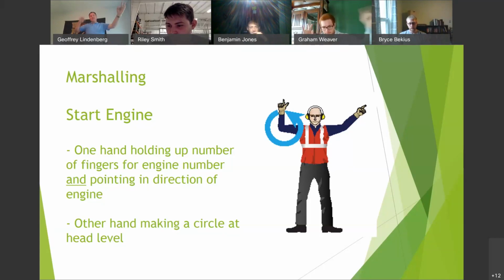Turn three, turn four, turn five. I'm not sure what happens when you have a B-52 or something with six. Nate's got it. Watch Nate. I don't think that's official. That circular motion is your engine. So that's what we do to get them started.